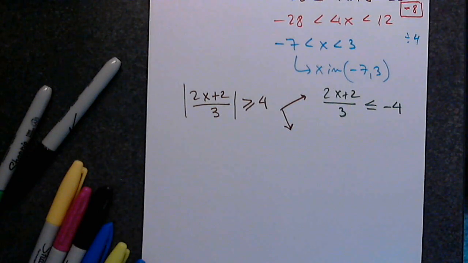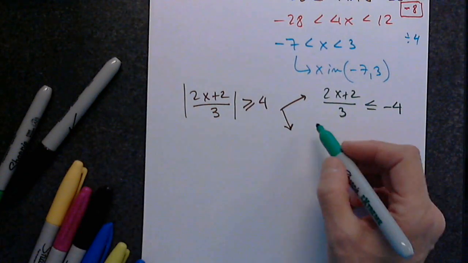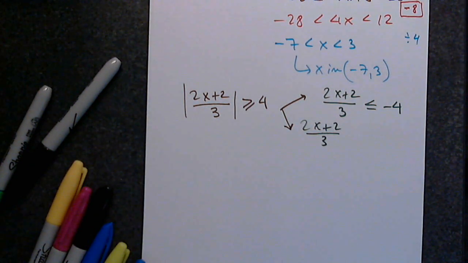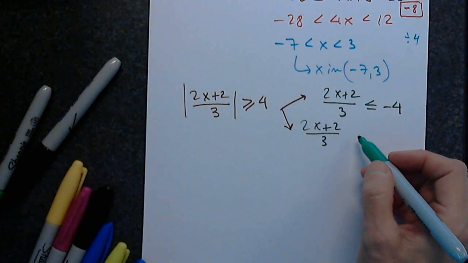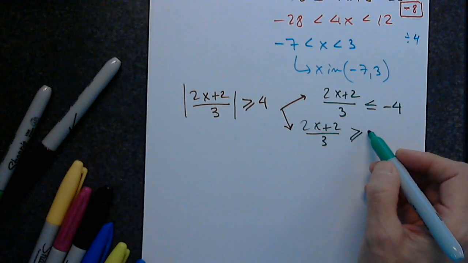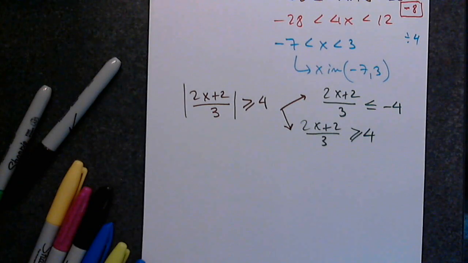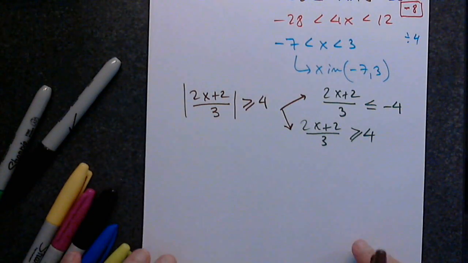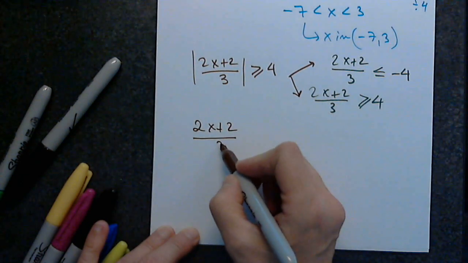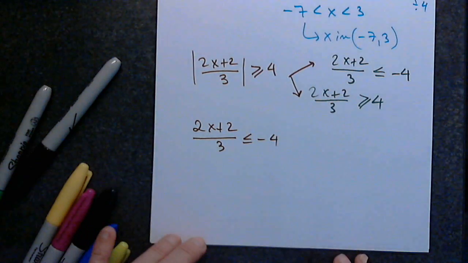To the left of negative 4, good. Or 2x plus 2 over 3, very good. Further away, nothing in between. Good. So I take the first inequality aside. So I get 2x plus 2 divided by 3 less than or equal to negative 4.